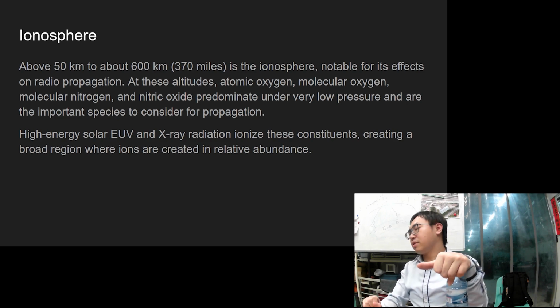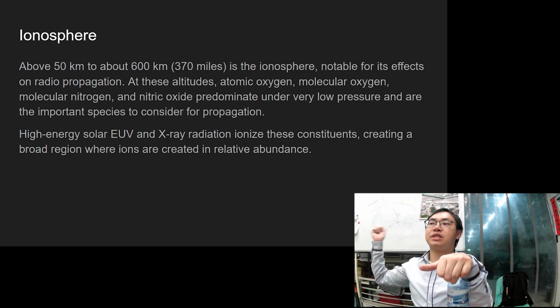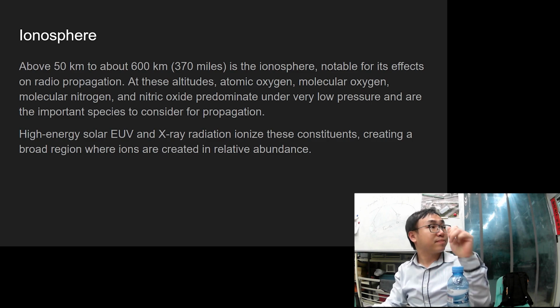You can think this way, a very low pressure and so on. Just remember that the ionosphere, because it has a lot of ions, helps the skywave, for the radio wave to transmit, okay, or propagate.